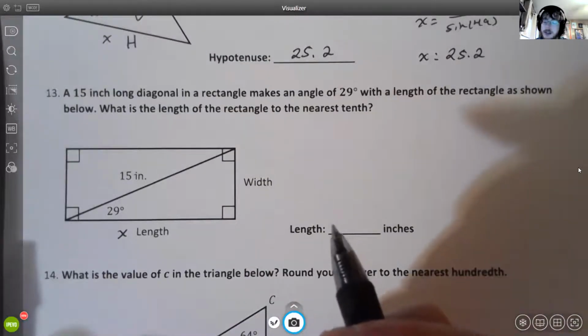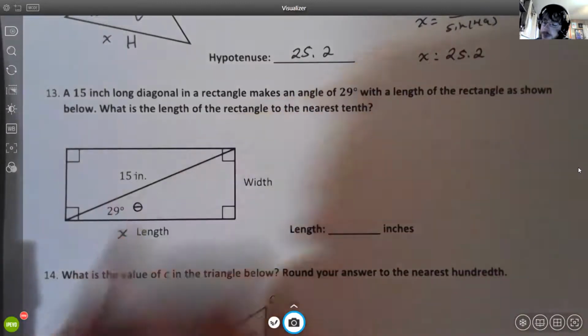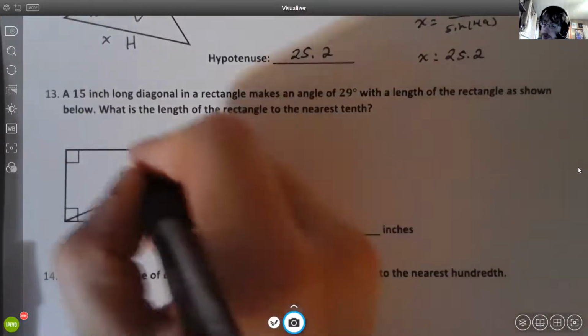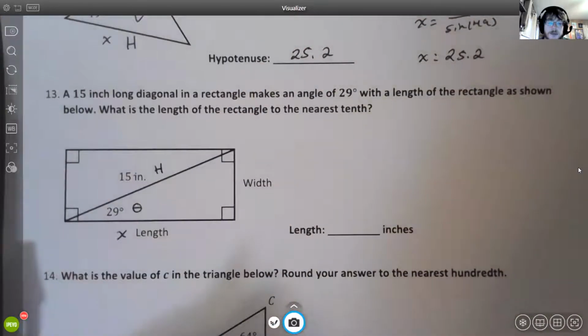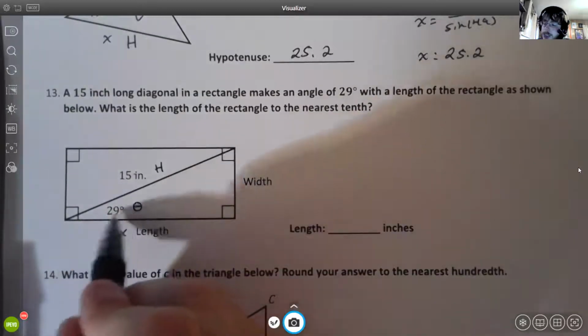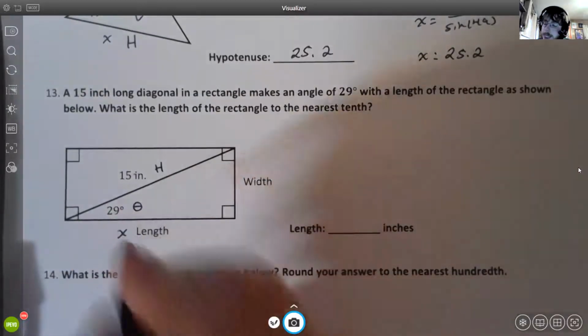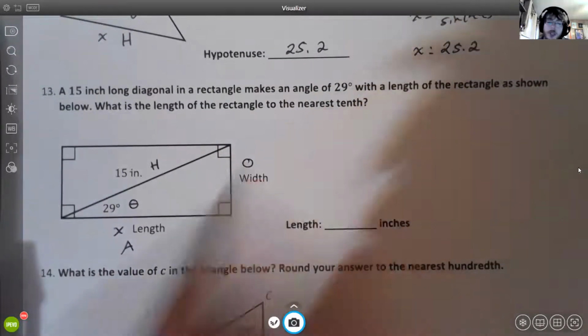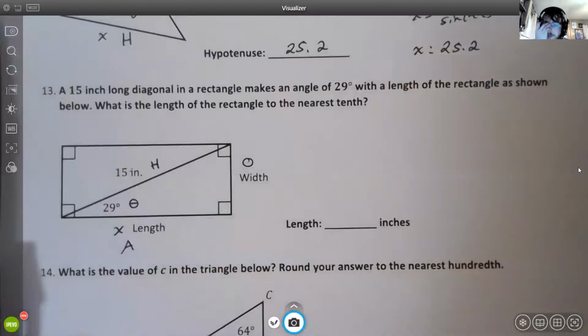So our theta is 29 degrees. 15 is opposite the right angle. So that is our hypotenuse. X is on the side that touches the theta. So X is A, and our width is the opposite. We're not worried about the width because we don't need to know what it is.